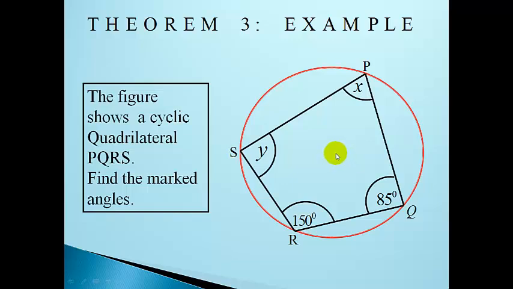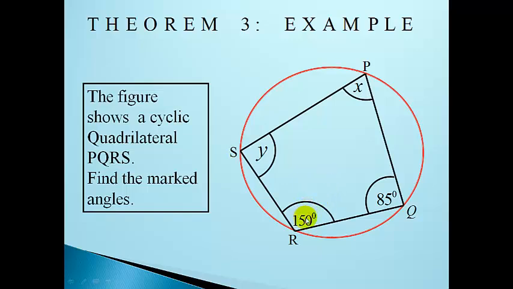So from the quadrilateral, considering the angles in the quadrilateral, we have X, Y, 150 degrees and 85 degrees. Since we are asked to find the marked angles, it means that we are supposed to solve for the angle Y and the angle X. Now from theorem 3, if you have a cyclic quadrilateral, that is when you have a quadrilateral within a circle, the sum of the opposite angles is equal to 180 degrees.